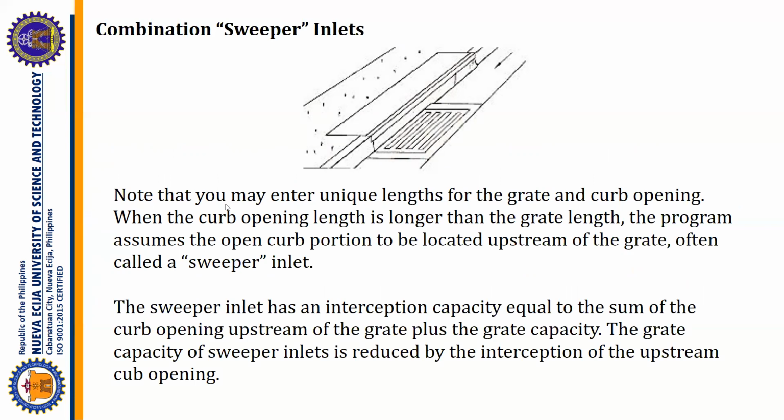Note that you may enter unique lengths for the grate and curb opening. When the curb opening length is longer than the grate length, the program assumes the open curb portion to be located upstream of the grate, often called a sweeper inlet.